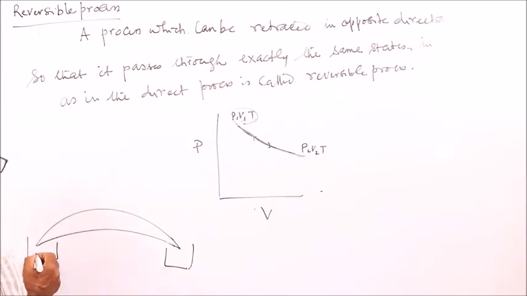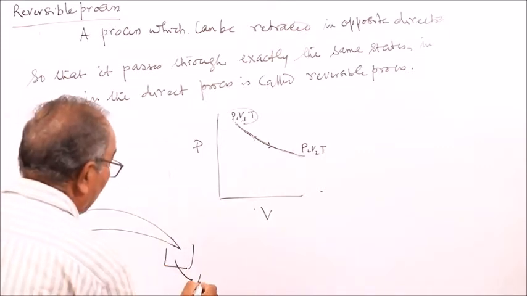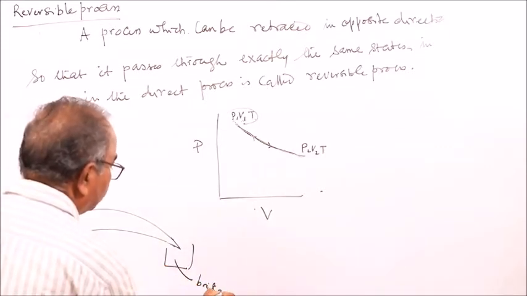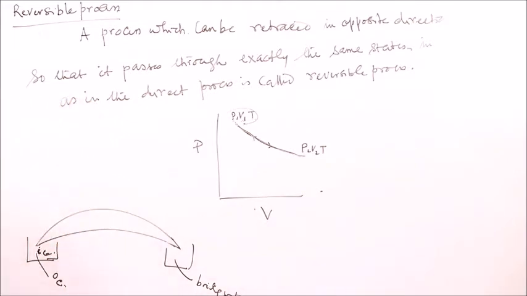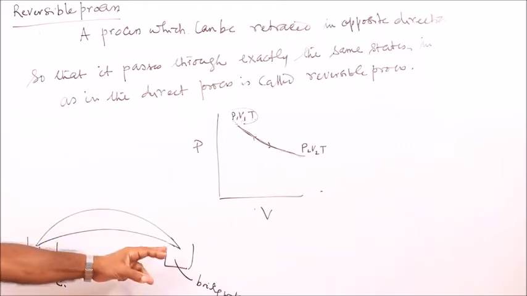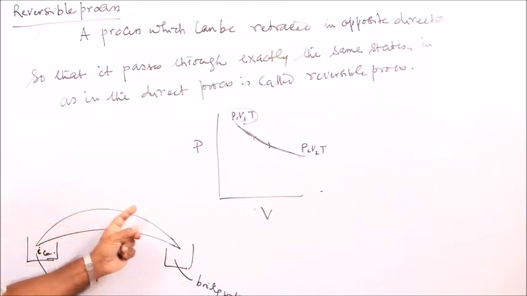Suppose one is at 0 degrees centigrade in ice, and the other is in boiling water. That means two dissimilar metals are joined at two ends and a temperature difference is maintained between the two junctions. Then you will find that a current flows.